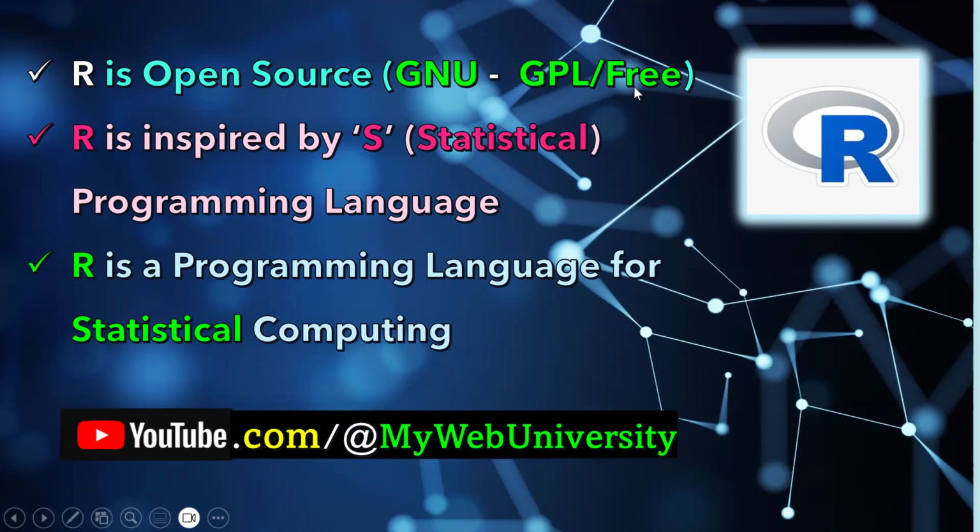That's what open source or free GNU General Public License stands for. So it is all the time free. You don't have to be a student to get a free version. Everybody gets a free version, which is nice.